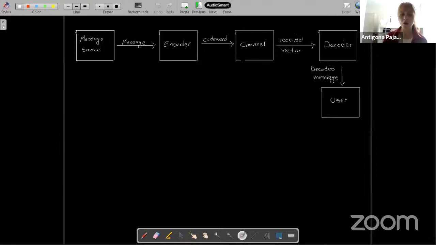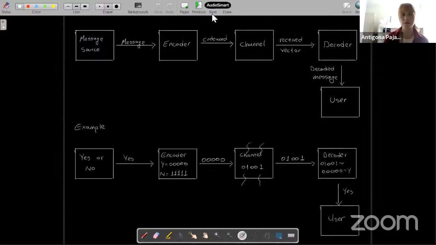After the code word passes through the channel, we get our received vector, which is not always the same as the code word. For this reason, this received vector is sent to the decoder, which decodes it, and then sends it to the user. Now, our aim is always for the difference between the received vector and the code word to be as minimal as possible, for us to understand the message which is sent by the message source.